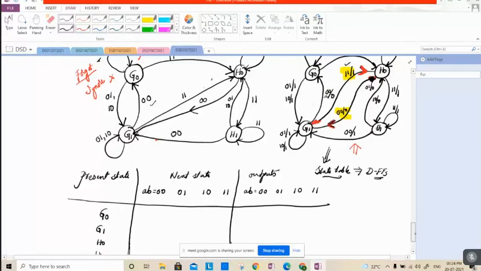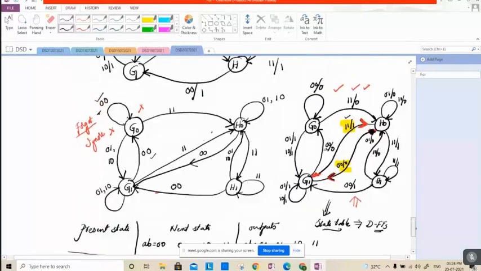How many flip-flops are required here? 2, sir. Why 2? How many states are here? 4 states. Since we have 4 states, 2-bit representation, so we require 2 flip-flops.